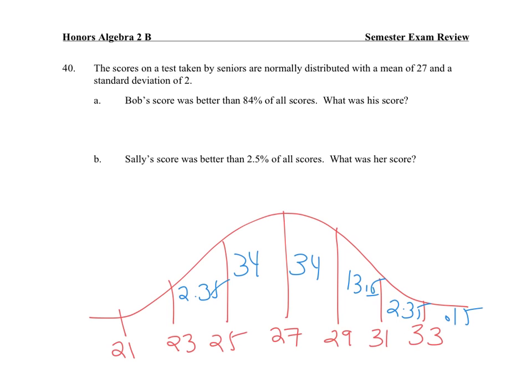Oops, that's in the wrong spot. Okay, so better than 84%. Well, here's 50. So here's 84. So his score was at least 29. And Sally's score is better than 2.5%. So here's 2.5. So her score was a 23.